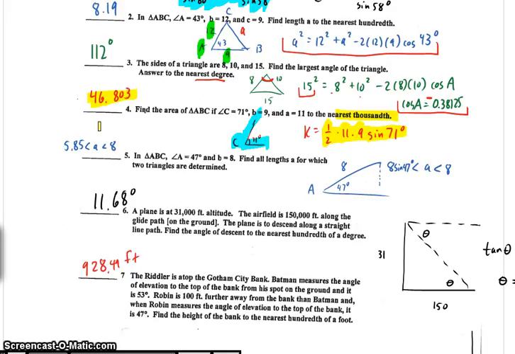Number 5, this is about the ambiguous case for the law of sines. So I drew a picture of what we have. We're given that angle A is 47 degrees. We're given that B is 8. And we're looking at what side A could be so that there are different triangles that could be determined.